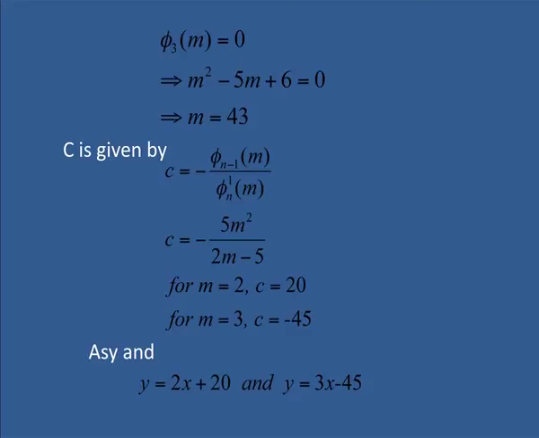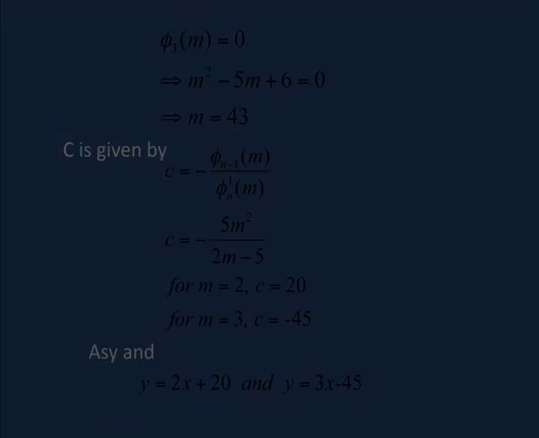For the value m is equal to 2, we find c is equal to 20, and for the value m is equal to 3, we find c is equal to minus 45, and the asymptotes are y is equal to 2x plus 20 and y is equal to 3x minus 45. This procedure I have explained for finding asymptote of the curve.